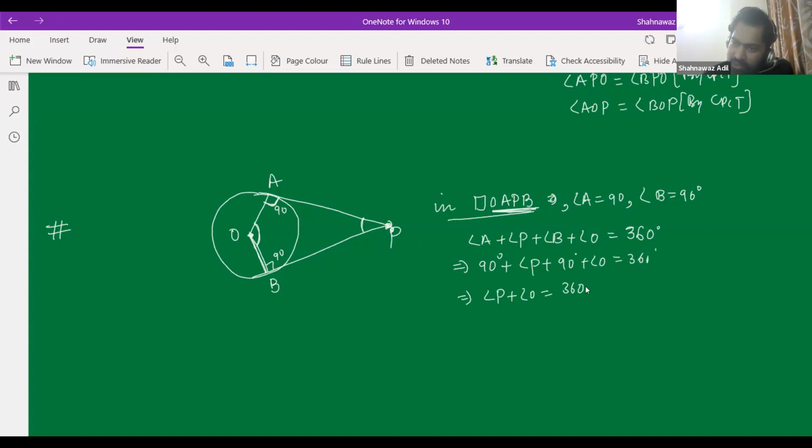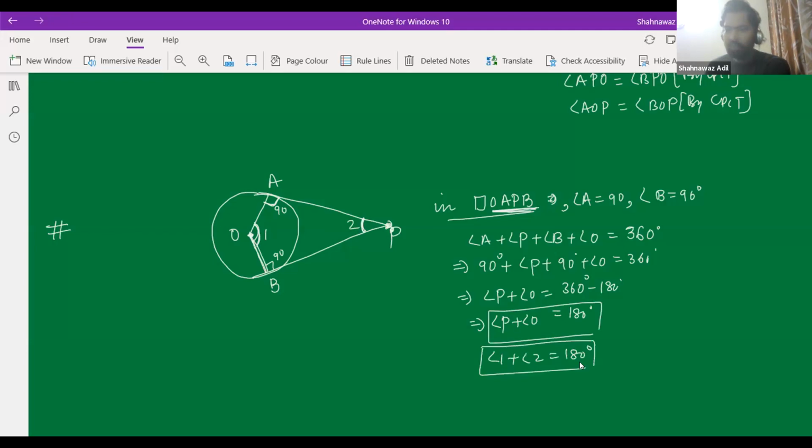So in this quadrilateral, these two angles are supplementary. Let's say this is 1, this is 2. So angle 1 plus angle 2 will be 180. Always remember this. Quickly note it down and then we'll start the exercise.